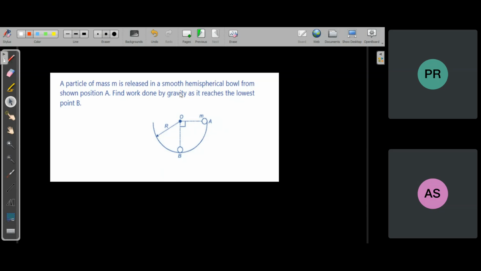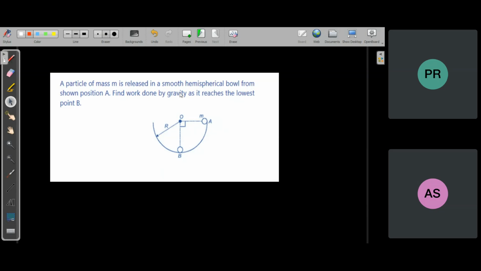Work done by gravity, as it is a displacement, then you have to follow the condition. Force and work for the operating displacement.